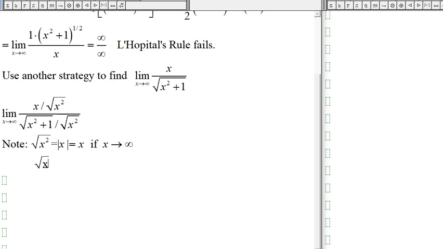If x moves towards the negative direction, then the square root of x squared is equal to the absolute value of x, which is equal to negative x.